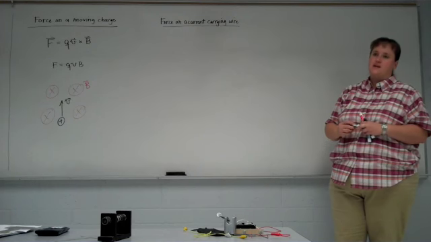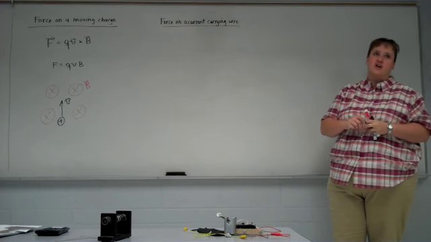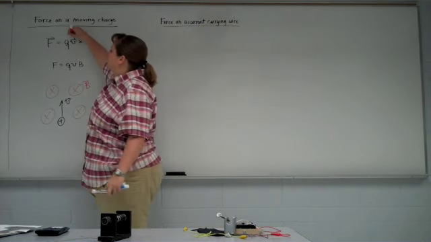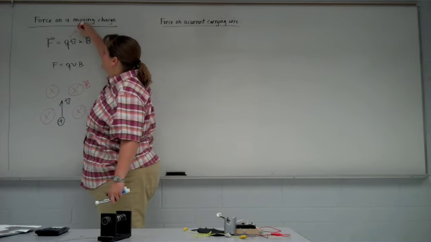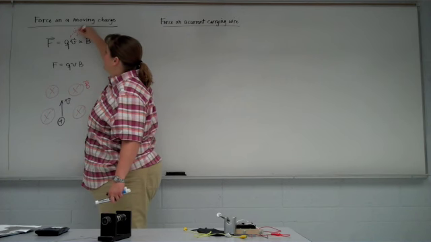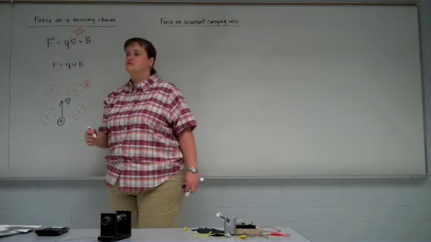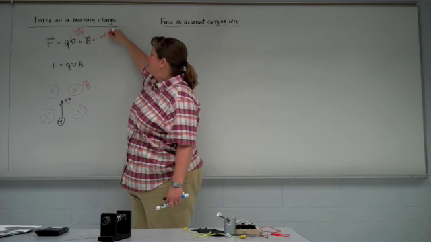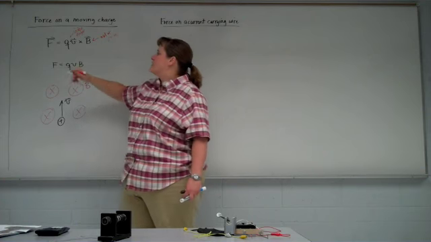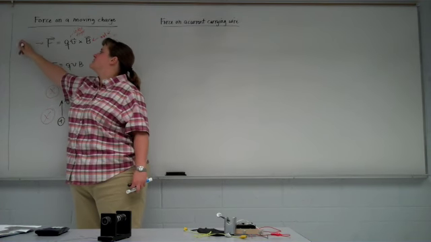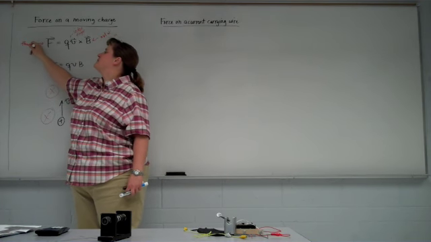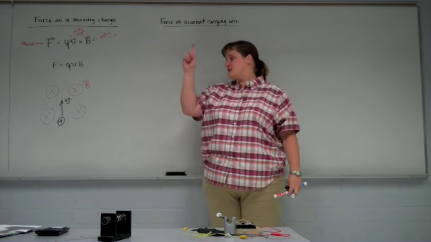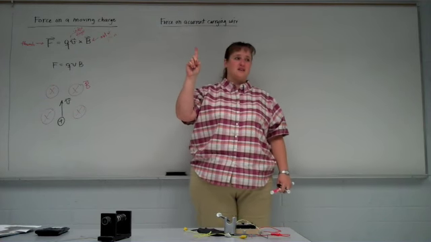Right-hand rule. We have a right-hand rule that works for all cross-product equations. Doesn't matter what they are. You put your index finger in the direction of the first vector. The second vector needs to come out of your palm. And your thumb is the direction of the resultant vector. So the first vector is the velocity, so I put my index finger in the direction of the velocity.